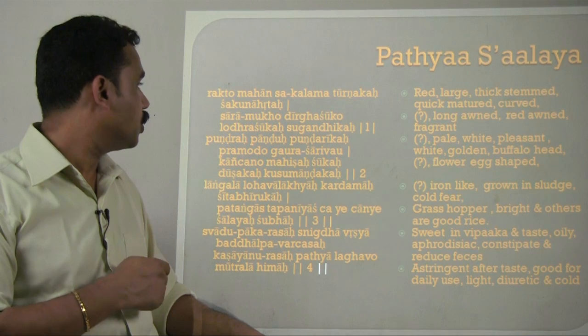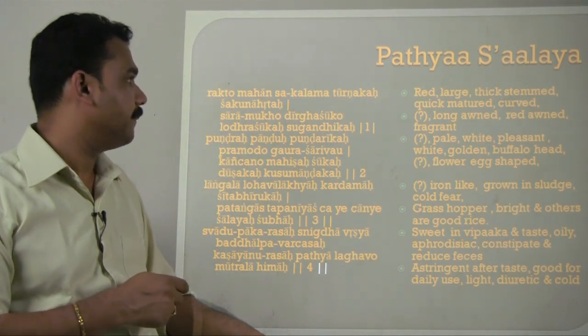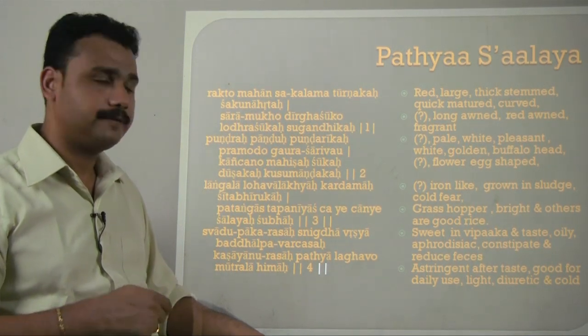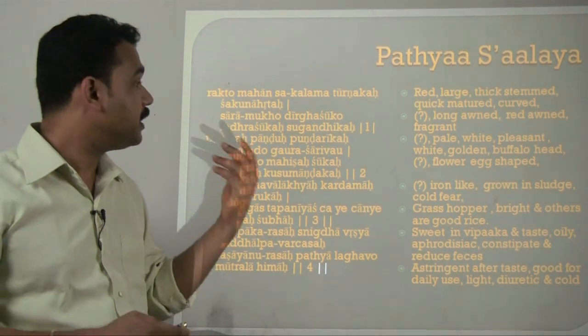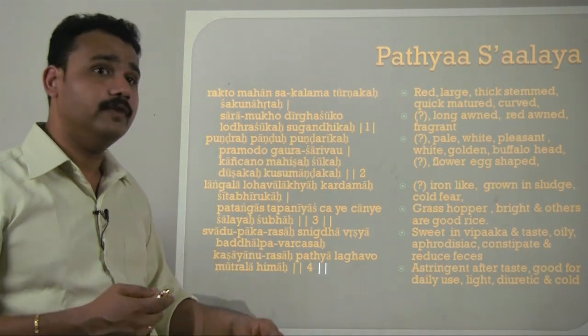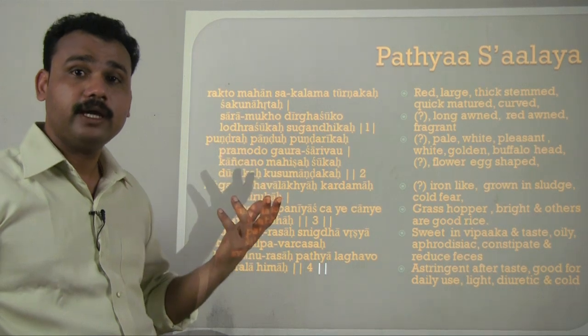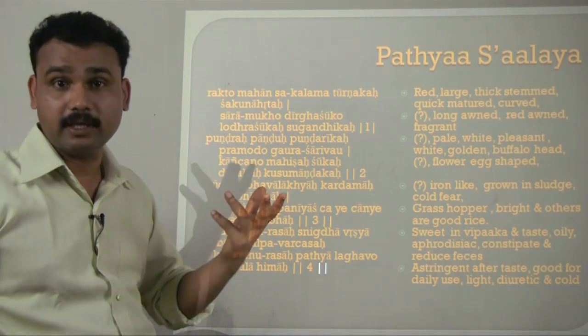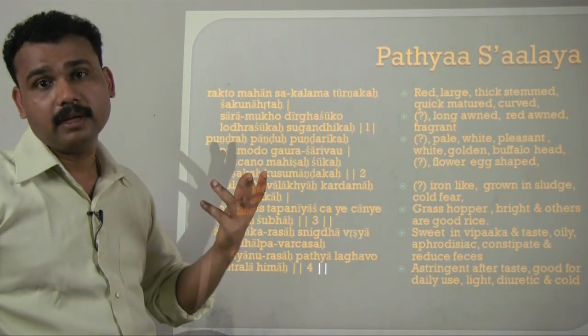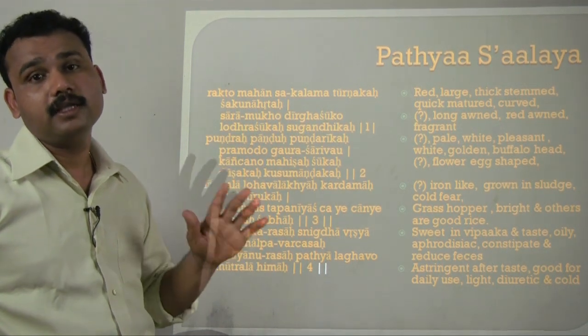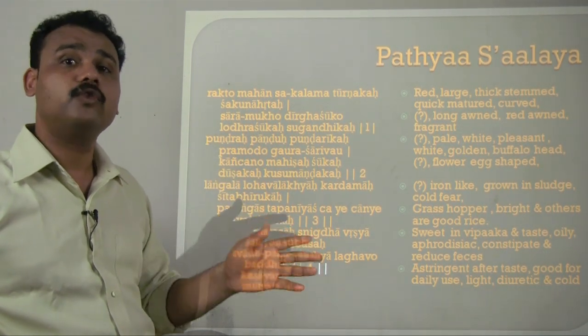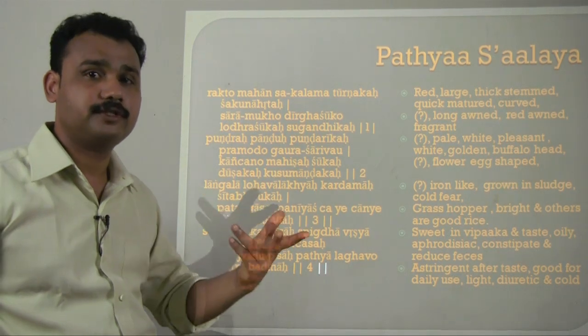So that is Lodhra Shuka. And Sugandhika, which is fragrant. So when you speak about fragrant, even though it may not be the same species as Basmati, Basmati is also something which is well known for its fragrance.